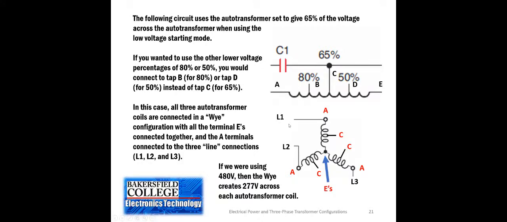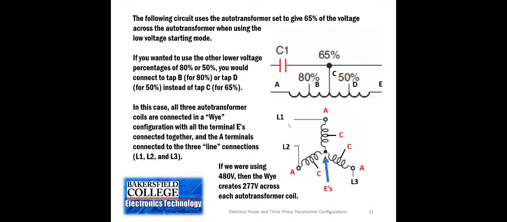Now, what's interesting is how these are actually connected. The 3 coils are connected in a Y configuration. And as we've learned a little bit before, and we're going to cover again, in a Y configuration, the voltage between the phases is divided between the coils.